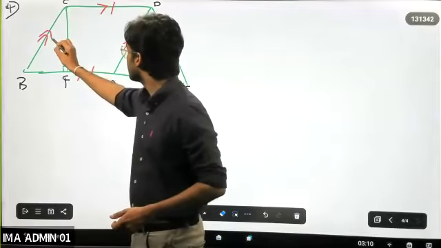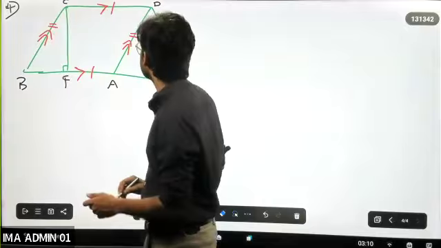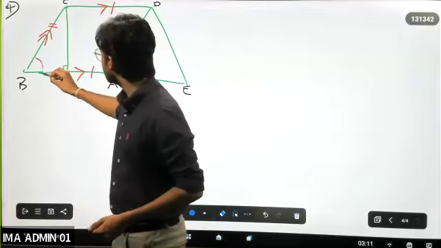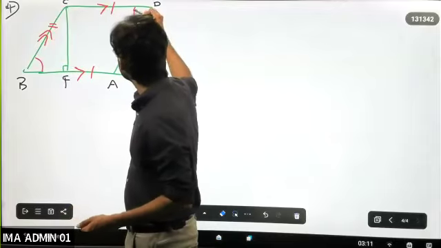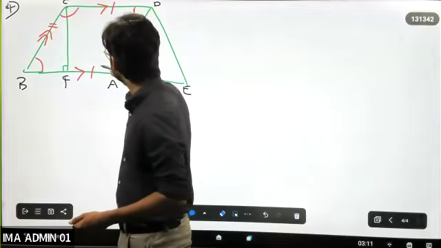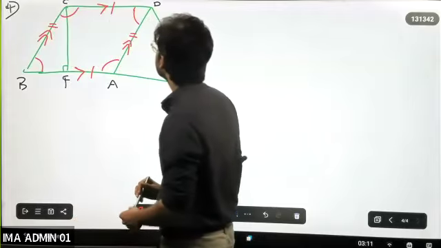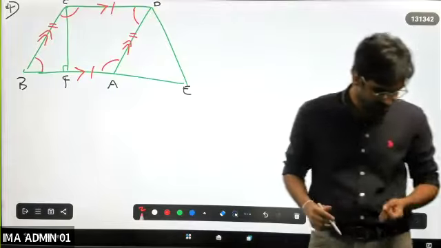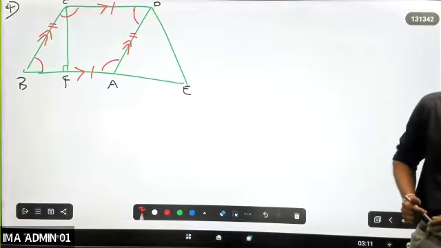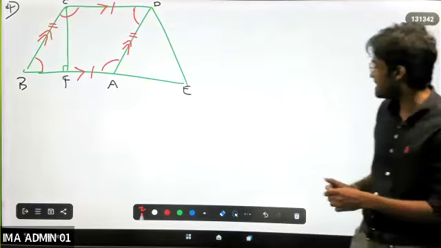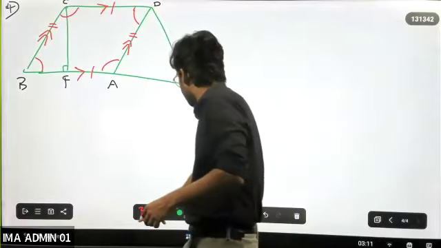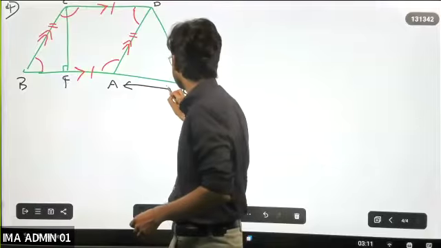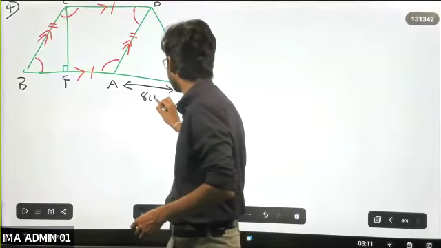Opposite sides are equal and parallel, and opposite angles are equal, right? We have to identify them, and they have given another piece of data: AE is equal to 8 centimeters.